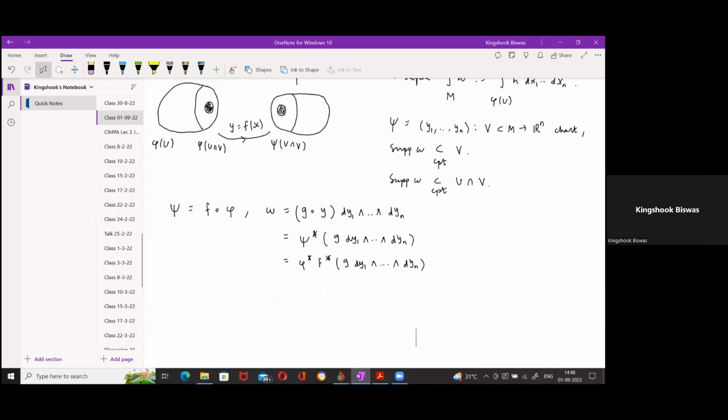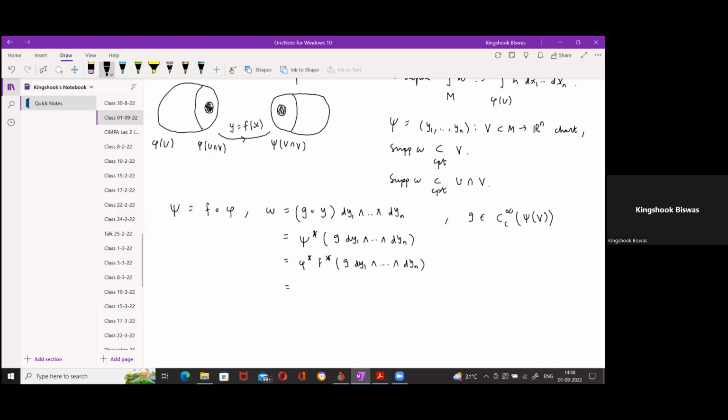So G is the coefficient with respect to this other coordinate. So G will be a function with compact support in psi of V, right? So G is a function here and H is a function here.